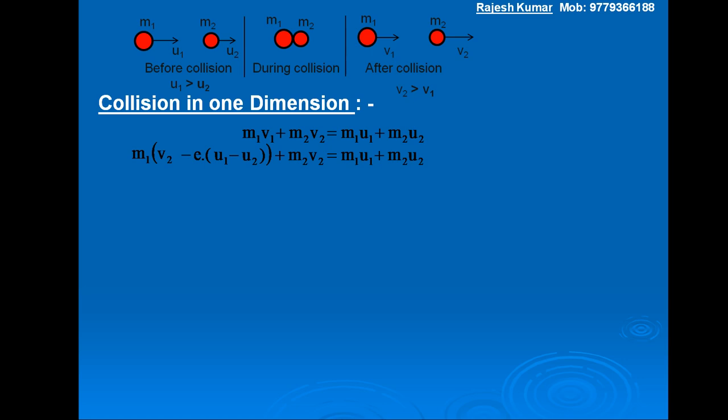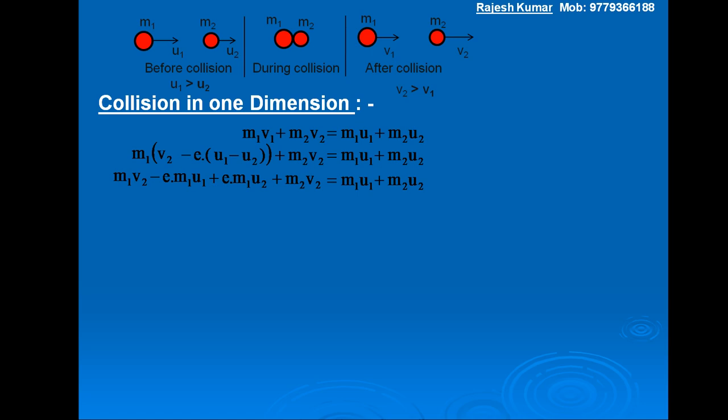Now open the bracket in the left hand side. So we get m1 v2 minus E into m1 u1, minus into minus becomes plus E into m1 u2, plus m2 v2 is equal to m1 u1 plus m2 u2.